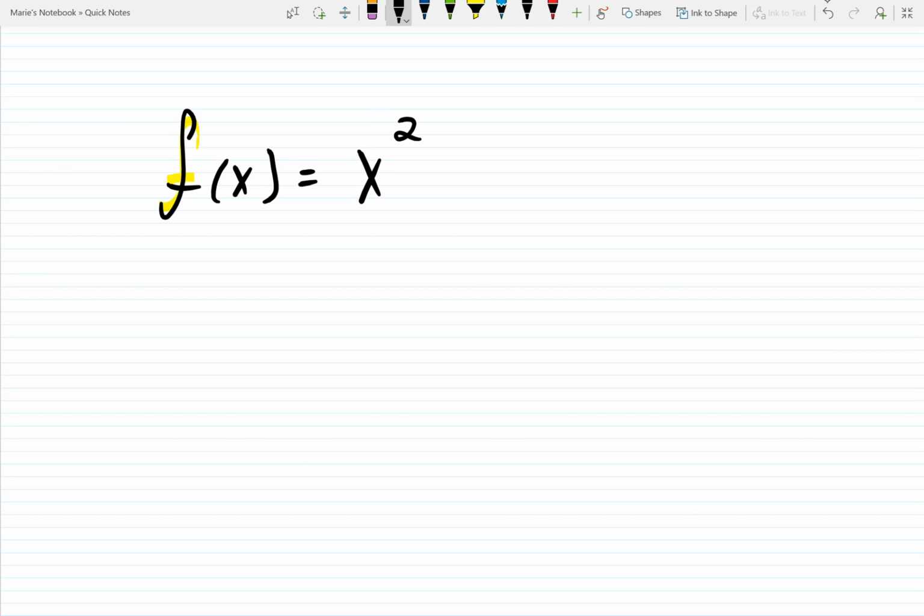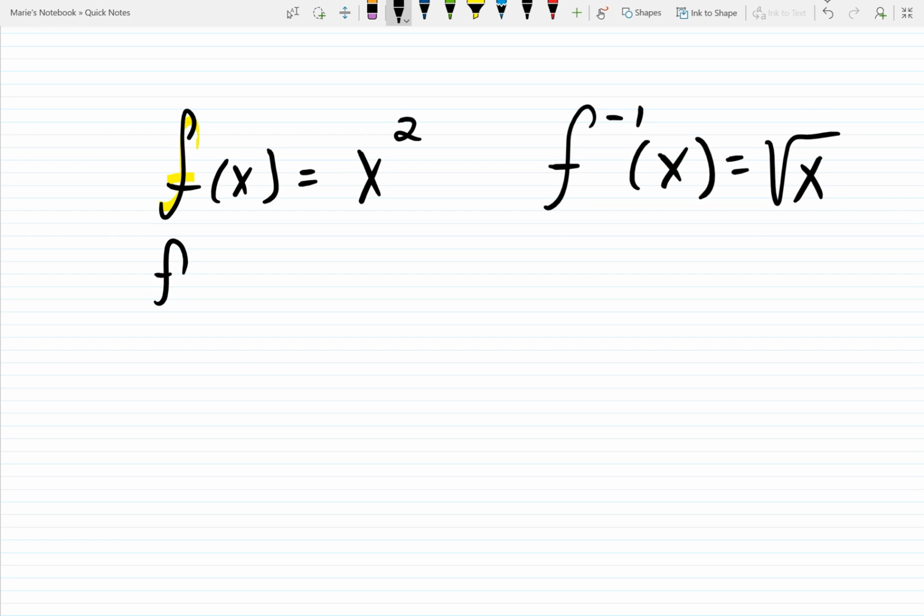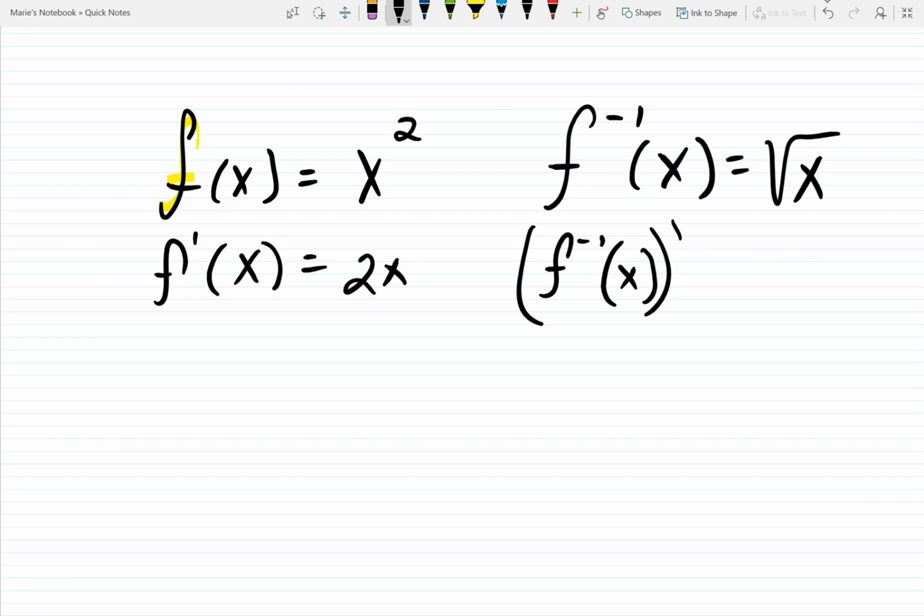The inverse of f of x, given to us, or we could find it because we are intelligent individuals, will give us, in this case, square root of x. If I take the derivative of this equation, I'm going to get 2x. If I take the derivative of this equation, I'm going to get 1 over 2 square root of x.